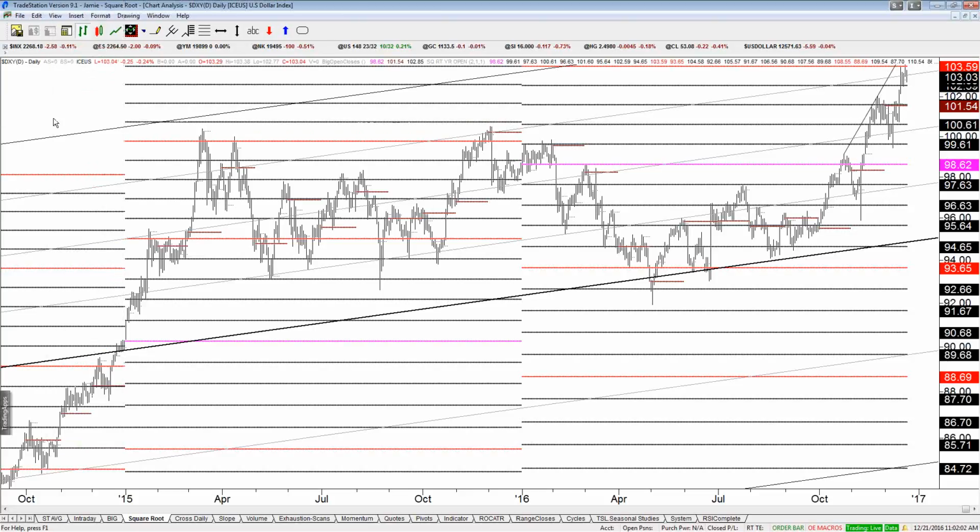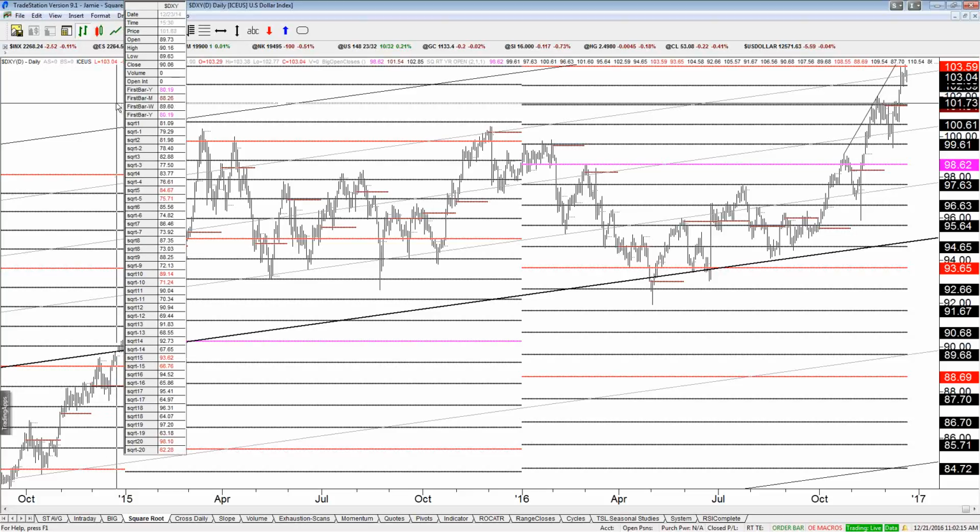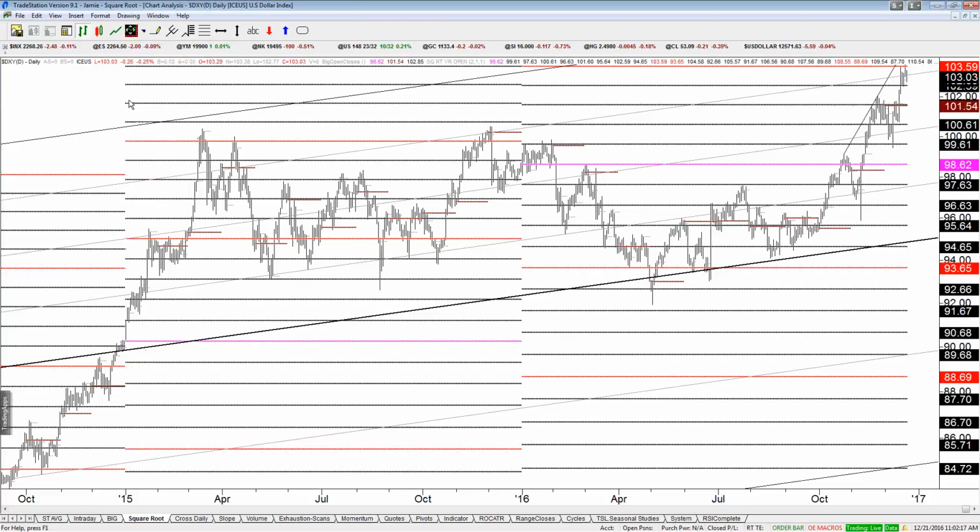I mean, you could do it based on a 52-week high or a 52-week low, right? But if you're in a trending market, it's going to change constantly. If you're in a stagnant market, you will have tighter and tighter levels, basically.